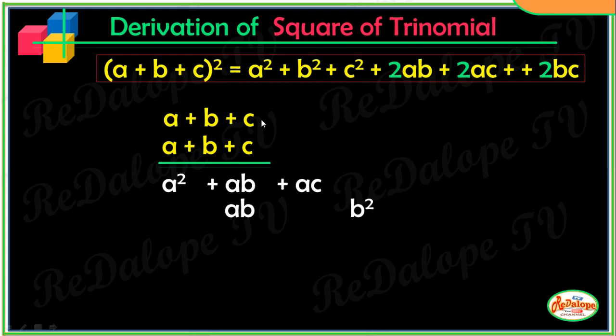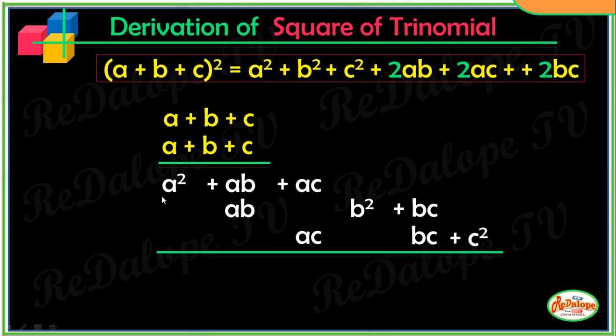B times C, so that is positive BC. Then the last term, we have C times A, so that is positive AC. C times B, so that is positive BC. And then the last we have is C times C, so that is positive C squared.